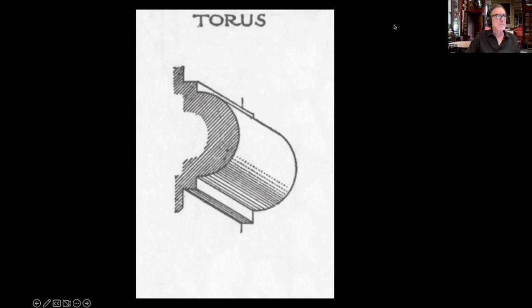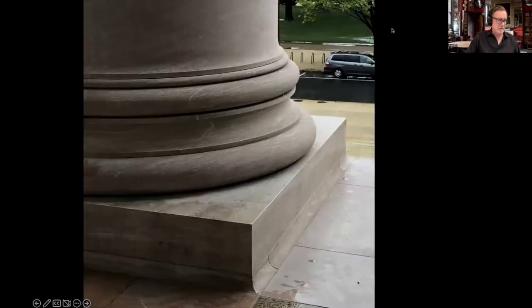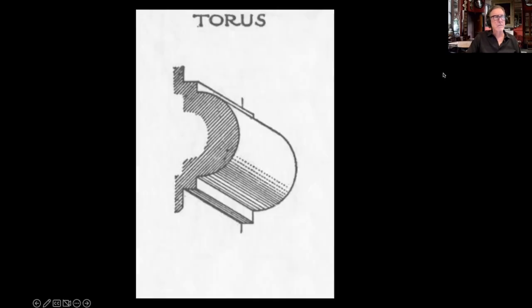Forgive me, pushed the wrong button. Okay, I'm going to stop share. Sorry about that. Okay, here we go. And I'm going to share my whiteboard and we'll draw the torus together. Minor technical difficulties there.